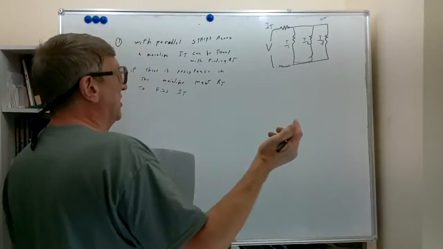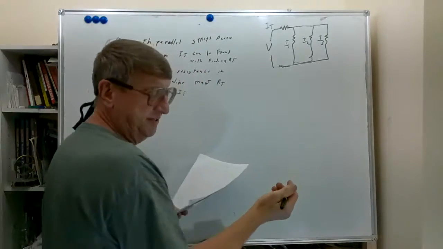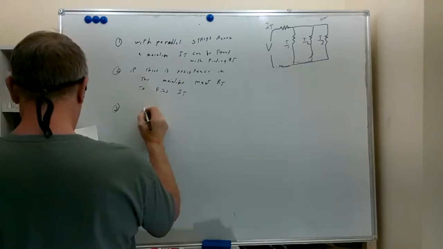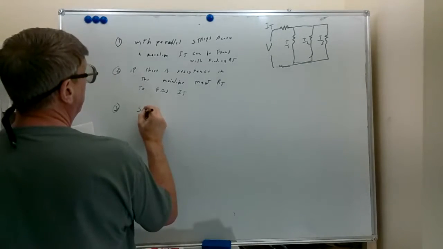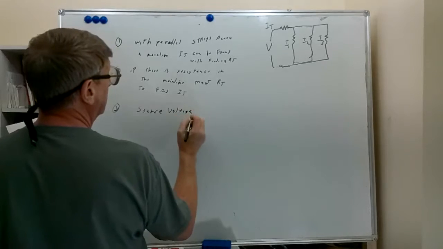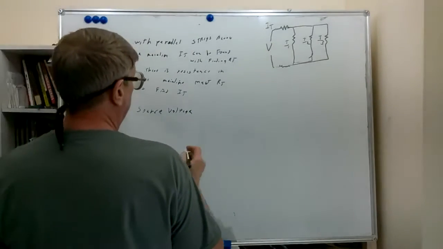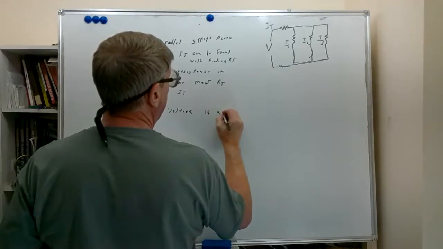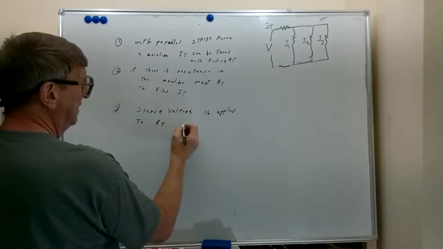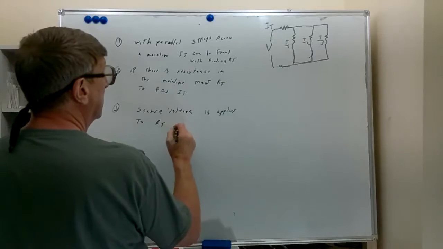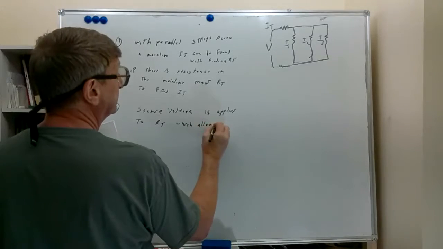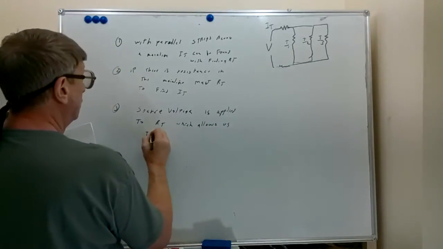Now, once we find RT, and we did this in our last example, the source voltage is applied to RT, which allows us to find IT.